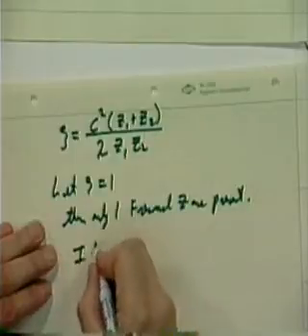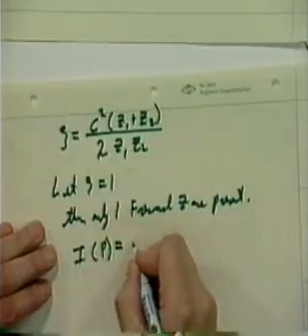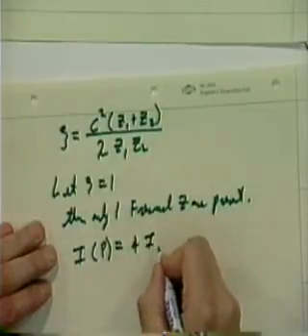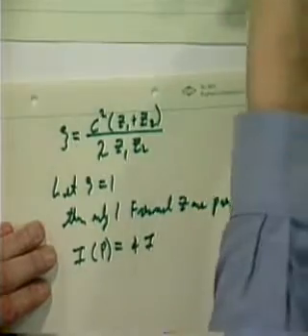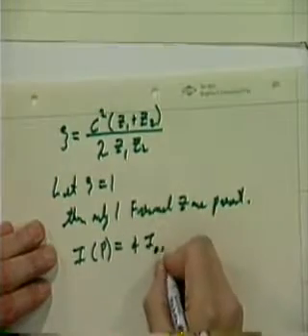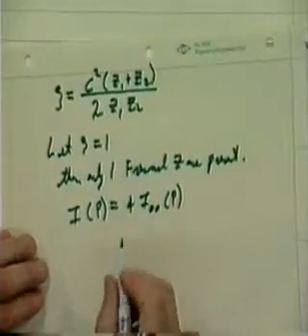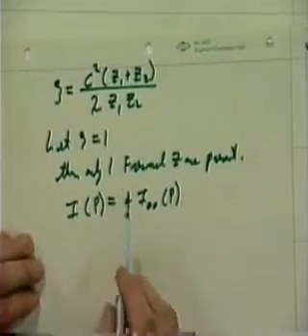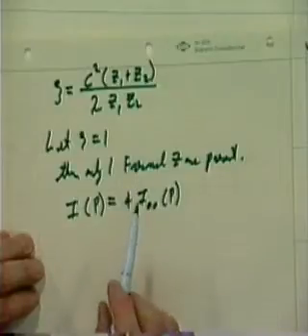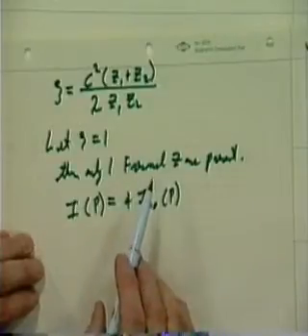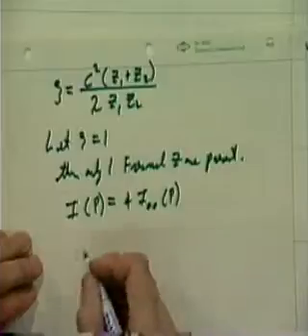And then I of P is equal to 4 I, what did I use, I00 of P. So the result is that the intensity produced by the first zone is 4 times the intensity obtained with a clear aperture.